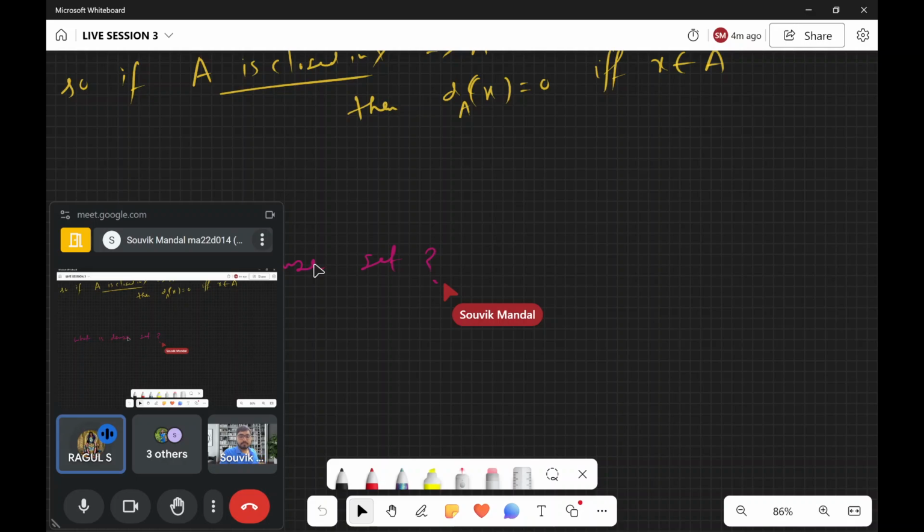If every point of the set is either contained in the subset or a limit point of the subset, then we call the set a dense set. Absolutely correct.